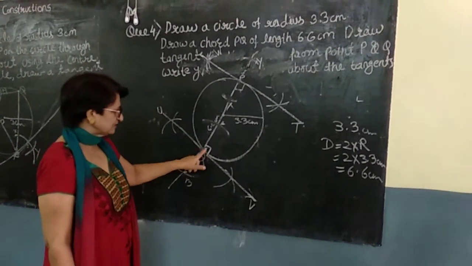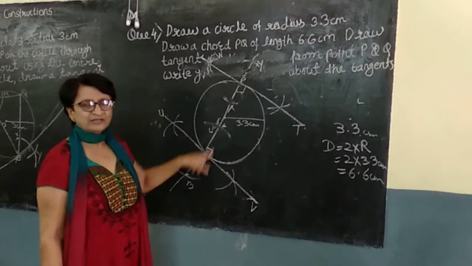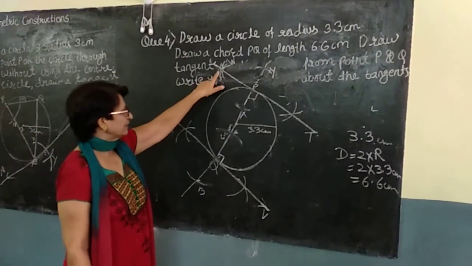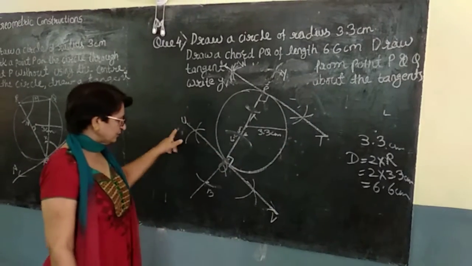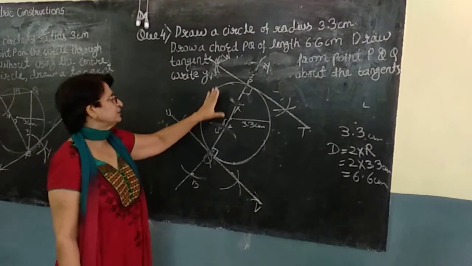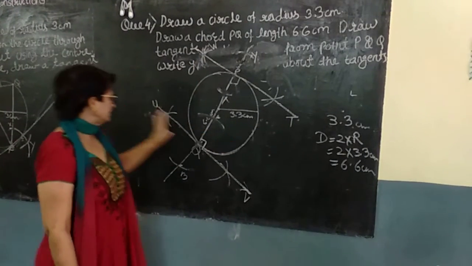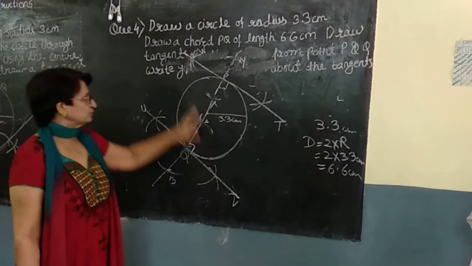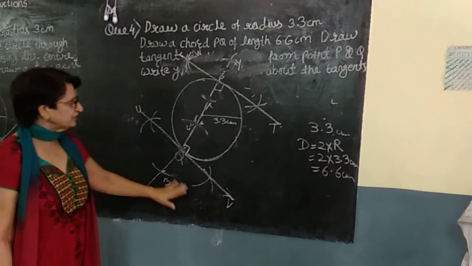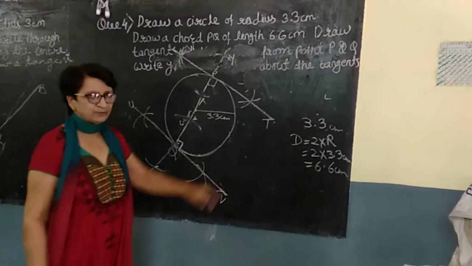So here this is 90, this is 90, so 90 plus 90 is 180. It means line WT is parallel to UV. And when you draw it, you will see that WT is parallel to UV. So our observation is that UV is parallel to WT.